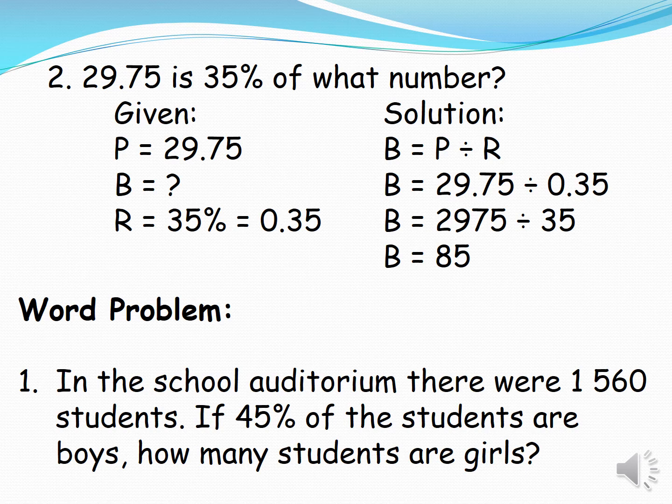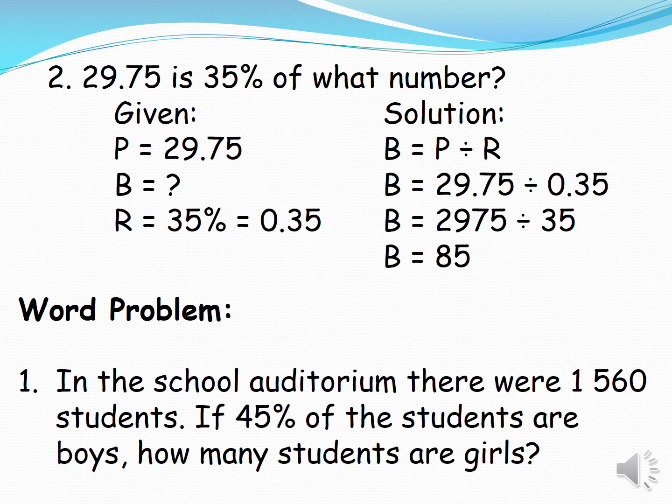So base is equal to 29 and 75 hundredths divided by 35 hundredths. Again, change first the decimal divisor into a whole number by moving the decimal point to the right. Do the same in the dividend to make it equal. So now we have base is equal to 2,975 divided by 35. So base is equal to 85.